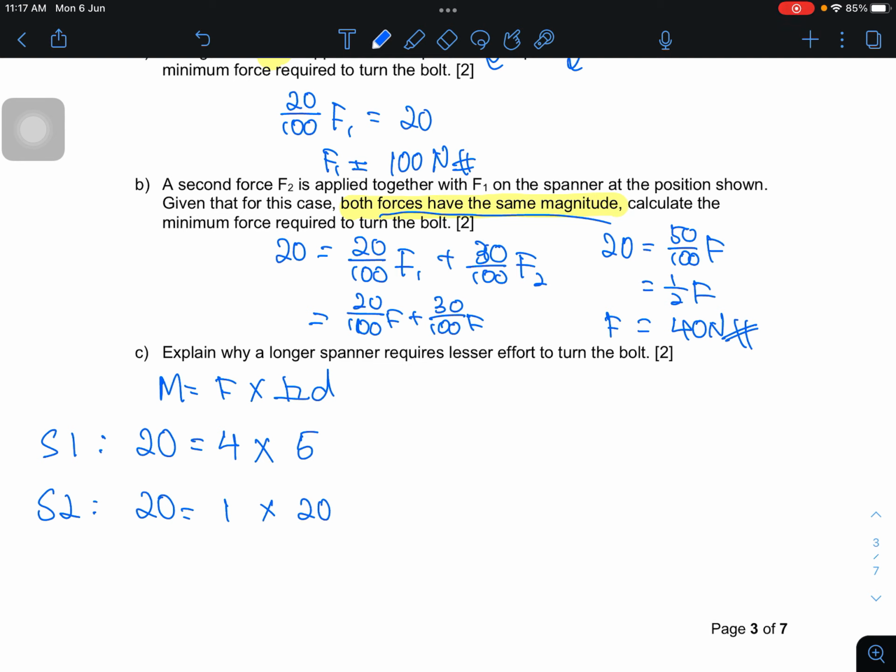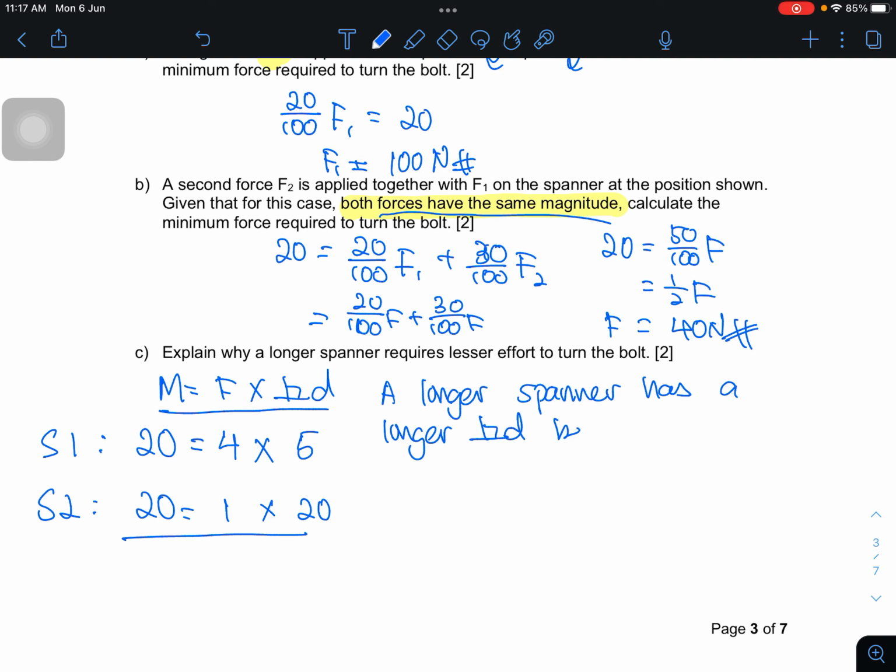Of course, we're not going to explain using random numbers like this. We need to explain in terms of words. So we just need to show the formula first. Then you just tell them that a longer spanner has a longer perpendicular distance between the applied force and the pivot. So what? We already proved it using the numbers.